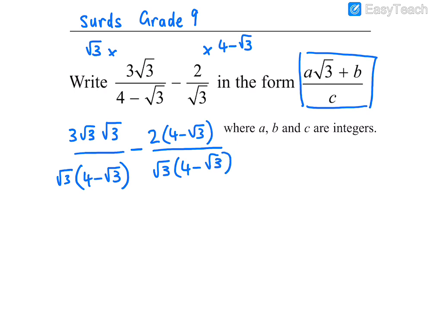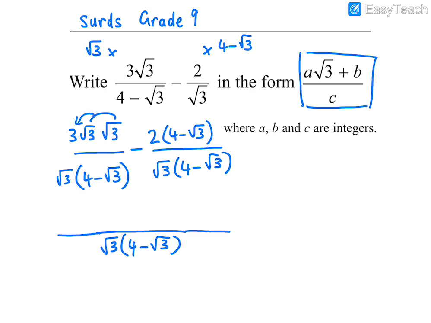Now let's try simplifying this. So we can write the fraction as just one denominator. So root 3, 4, take away root 3. And we're going to start multiplying out and simplifying the top bit. Root 3 times root 3, that is just 3.